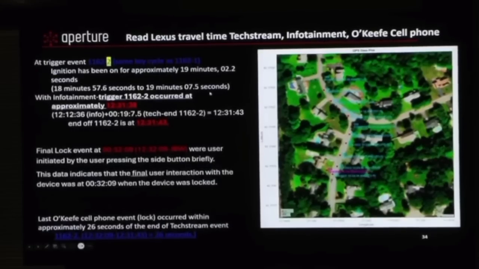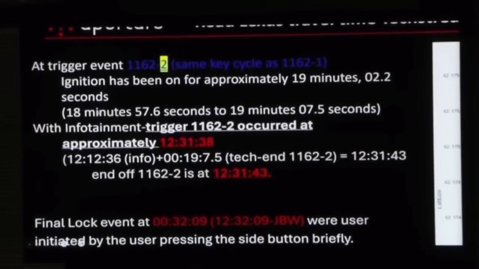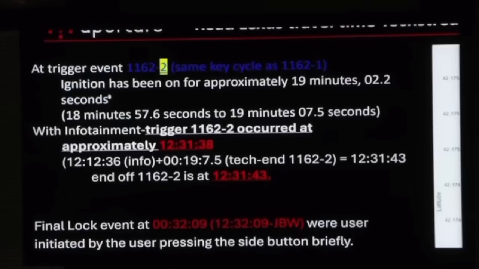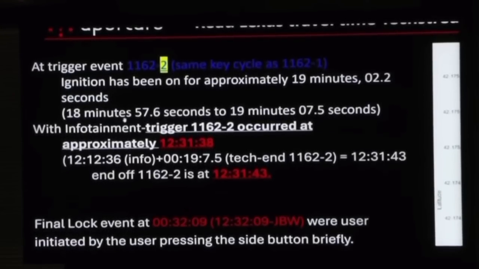We're now talking about trigger 11:62:2. We know that's 18 minutes, 57 seconds to 19 minutes, 2 seconds that the vehicle has been on. This is the range, the plus or minus 5 seconds. The 19 minutes, 2 seconds is when the trigger occurred.